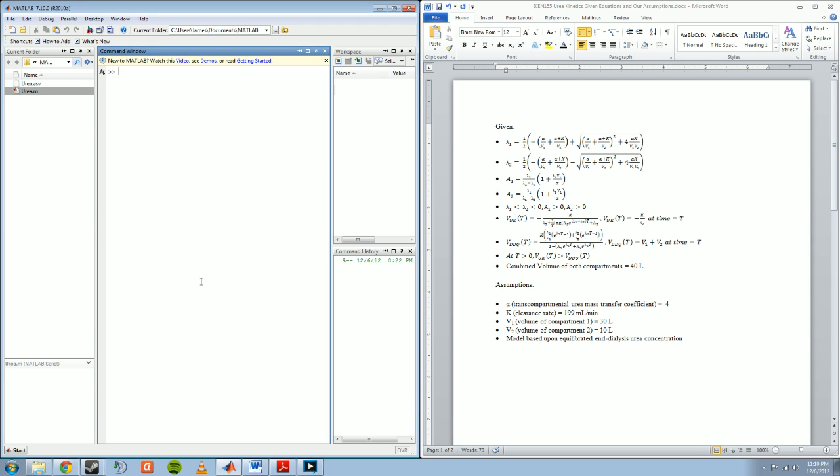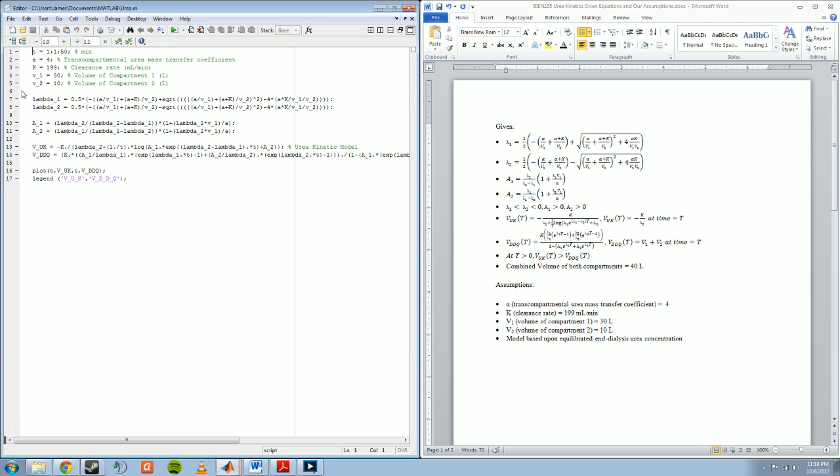Going to the MATLAB program, I can open the M file that stores the code that has the given equations and assumptions stored. As you can see at the top, we have our time scale, which is from 1 to 50 minutes, and our assumed constants. We also have the given equations from the study.